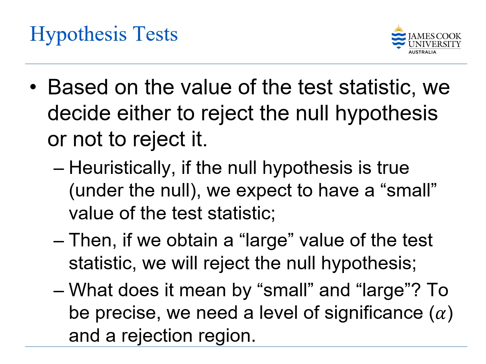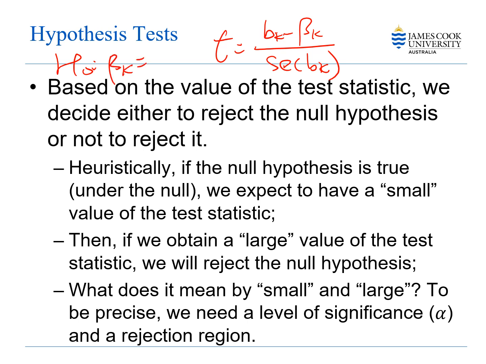So here, heuristically, we can think. Remember our T is this. So our null hypothesis is beta k is equal to c.